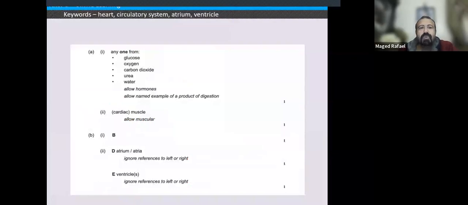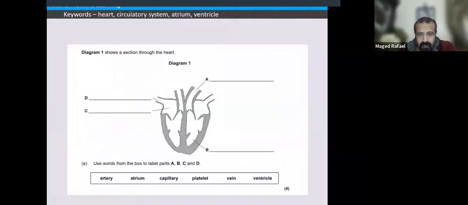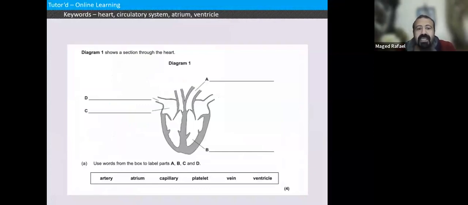Okay, let's go to question 2. This diagram in front of you showing a section through the heart, and I want you to label A, B, C, and D using the word bank or this box. So what's A? What's A?